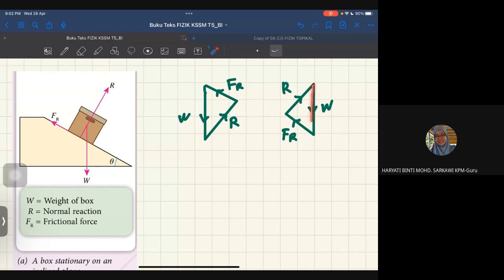W, FR, R. So the direction does not collide. What I mean by collision is like this. Let's say these two are not in one direction. So this is the collision. Cannot, this one is wrong. Understand or not? This is okay because they do not collide.